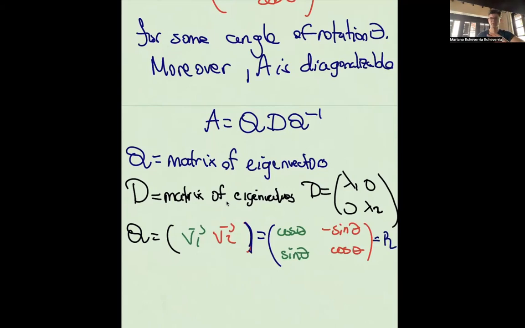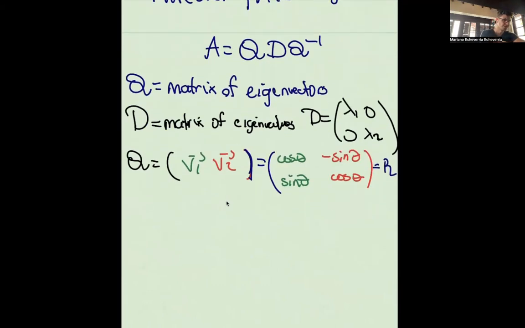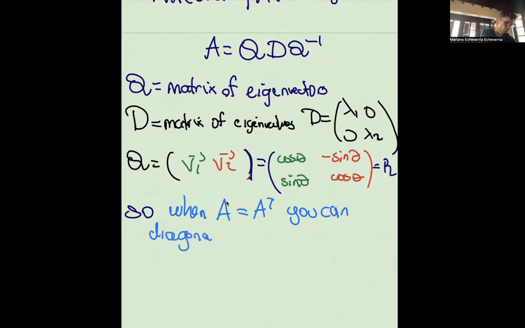So here's the most important thing of what I have said today: in the symmetric case, you can diagonalize a matrix using a rotation. So here it is. When A is symmetric, you can diagonalize A using a rotation.